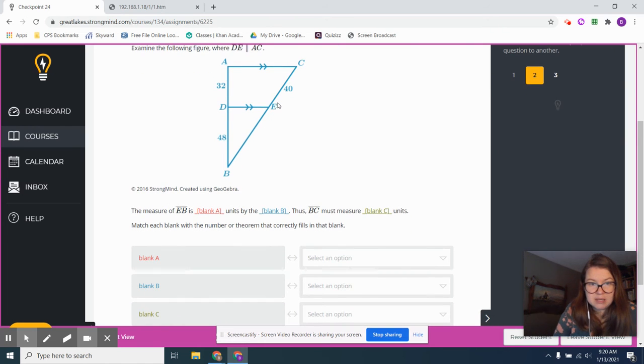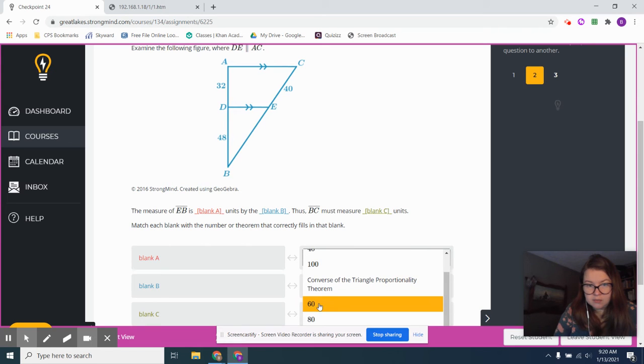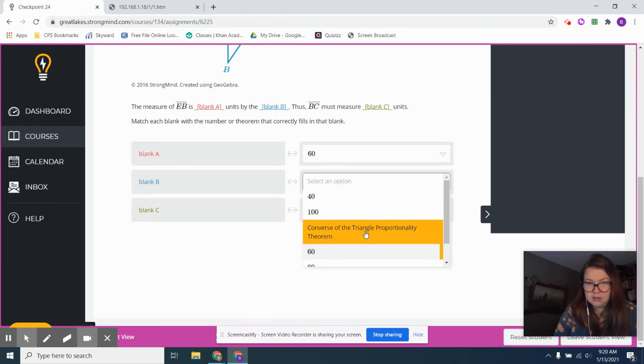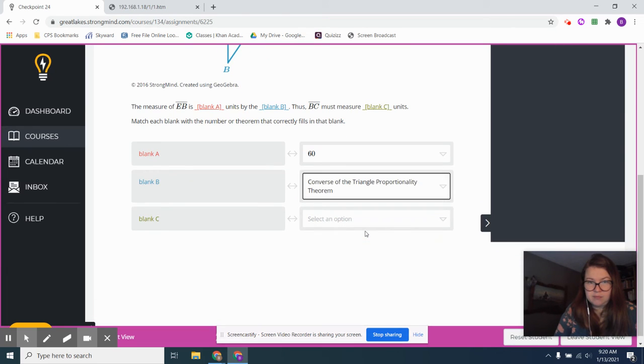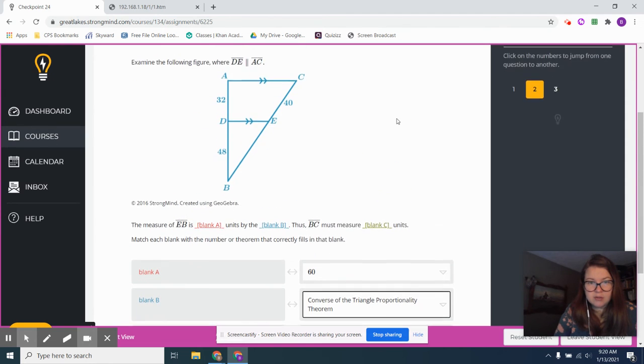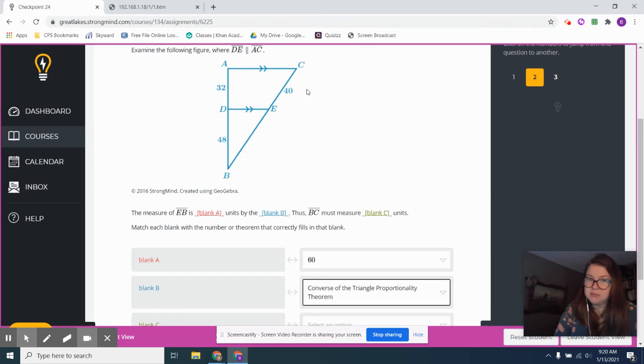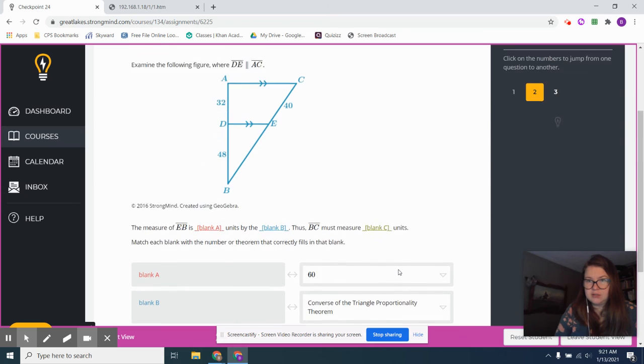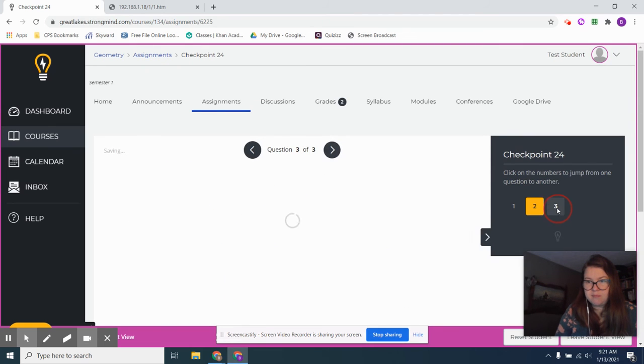So EB is 60. And it was a proportionality. And so BC, that's the whole thing, so we'd have to add them. 60 plus 40 must measure 100. Okay, that should be it for that one.